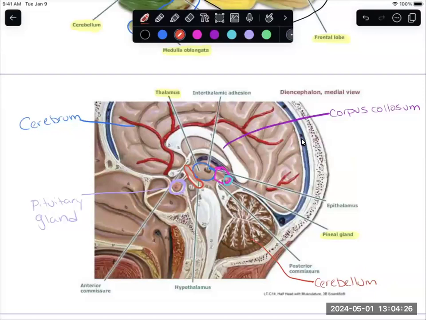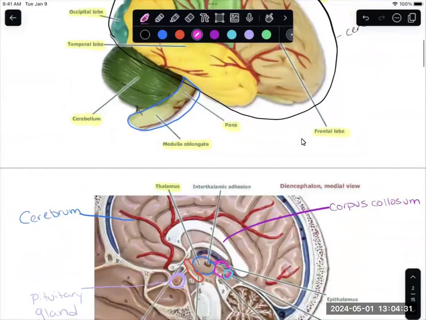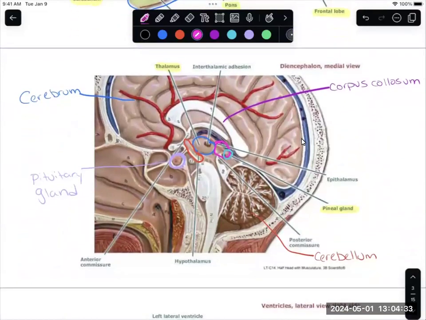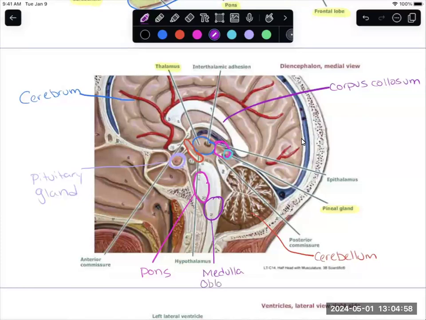Now we can go into that brainstem that I showed on the previous picture up here. Let's look at it down here. We can see better what we're looking at. This right through here, that is technically the pons. Below the pons, through here, is the medulla or medulla oblongata.